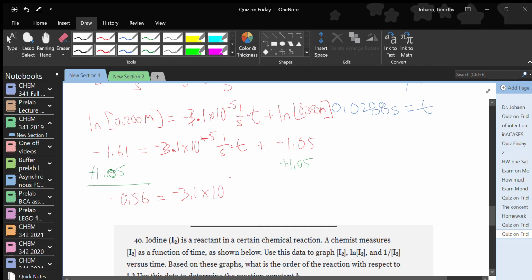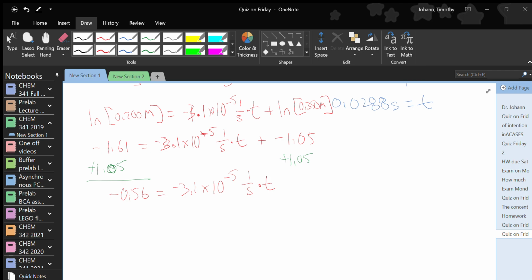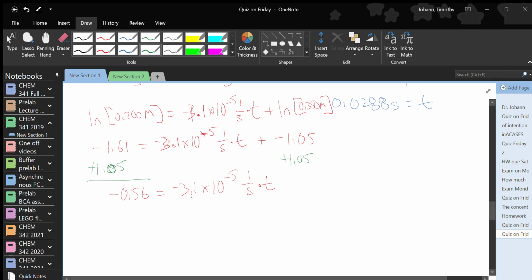And then 1 over seconds times time. Now I'm going to divide both sides by 3.1 times 10 to the negative 5, 1 over seconds as well. I'll bring my units with me. Those cancel.